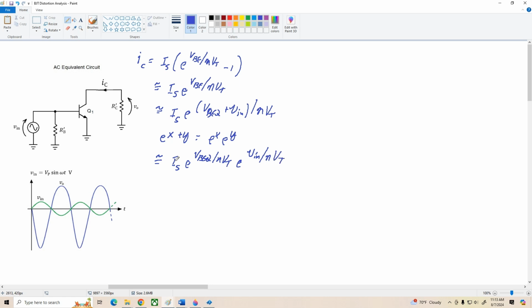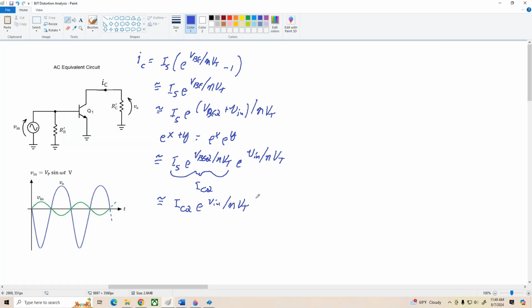And notice I sub S times e to the VBEQ over eta VT is just ICQ. So what we end up with is IC is approximately equal to ICQ times e to the Vin over eta times VT.